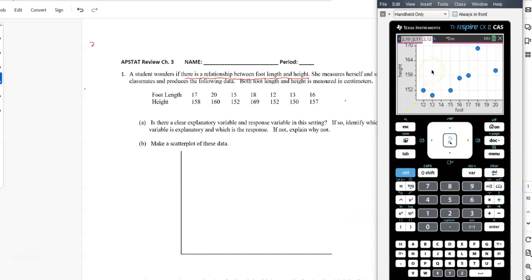So that's the data. You would then transfer that to here. So you go probably 12, 14, 16, 18, 20. And you plot those points. Make sure when you do this, you label this foot length.